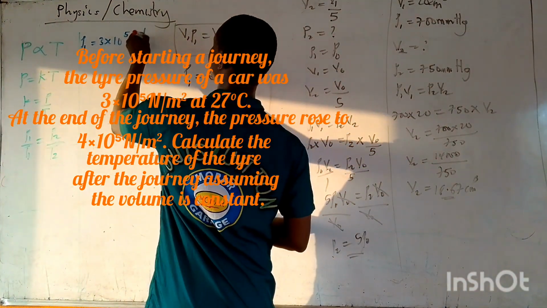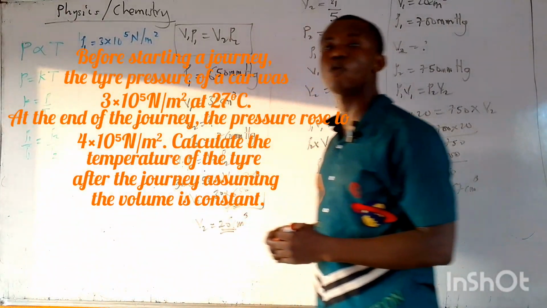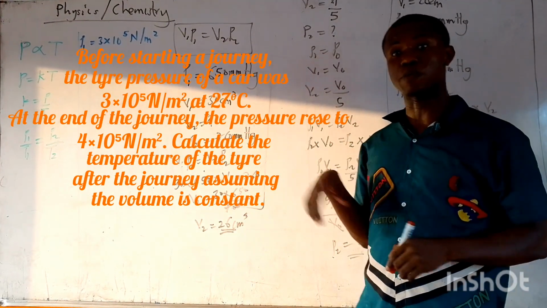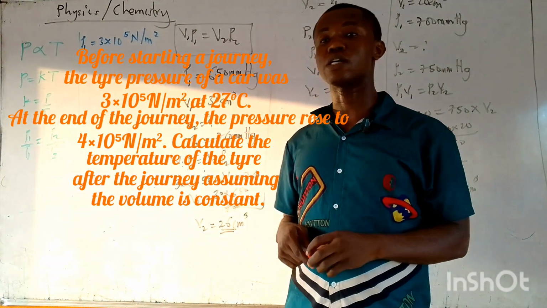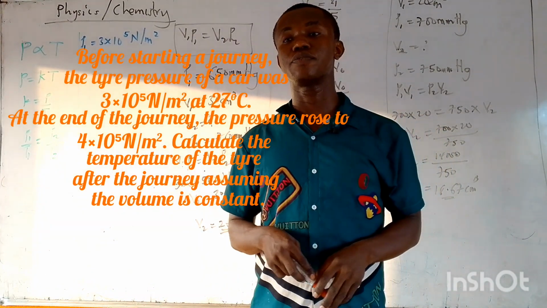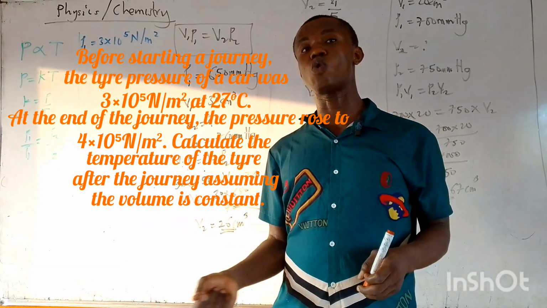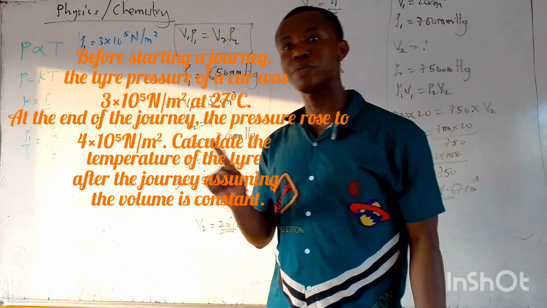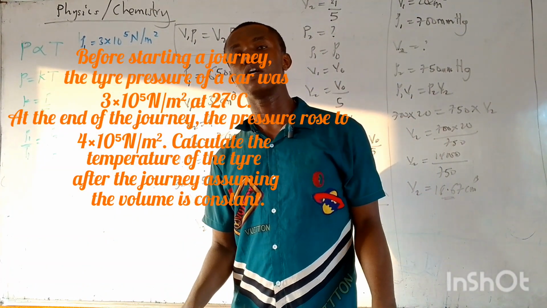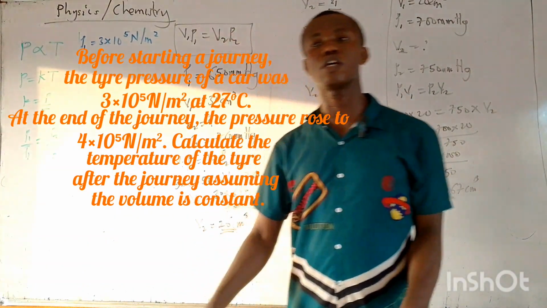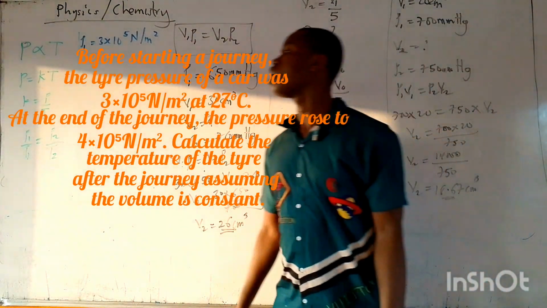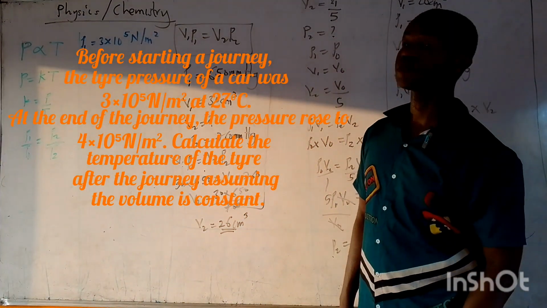Now, Newton per meter square is another unit for pressure. In fact, it's the SI unit for pressure, and it is dimensionally equal to the Pascal, Pa, which is another unit for pressure.